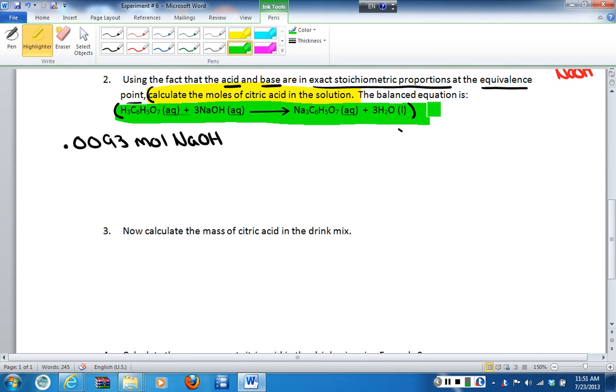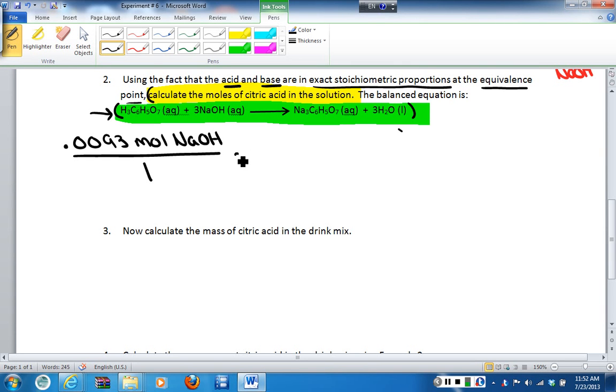In this particular case, we know that 23.25 mL at a 0.4 molar concentration gives 0.0093 moles of sodium hydroxide. But we want to go from moles of sodium hydroxide to moles of citric acid. In order to do that, we have to look at our balanced chemical reaction.